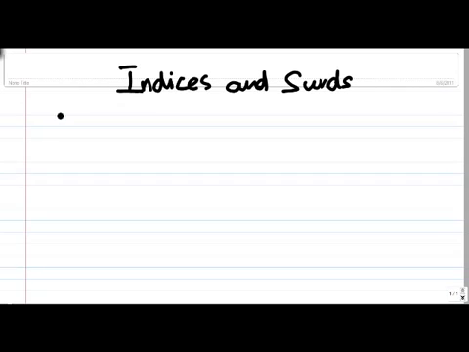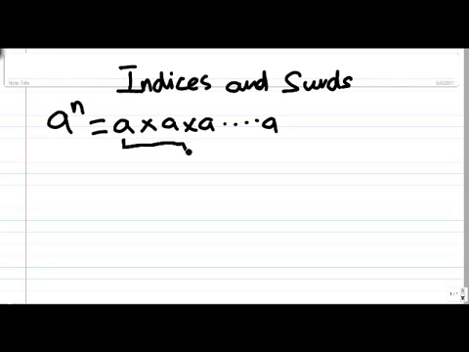If I had something written, you can also call it a to the power n. Alright, a to the power of n is actually a times a times a times a, n times.